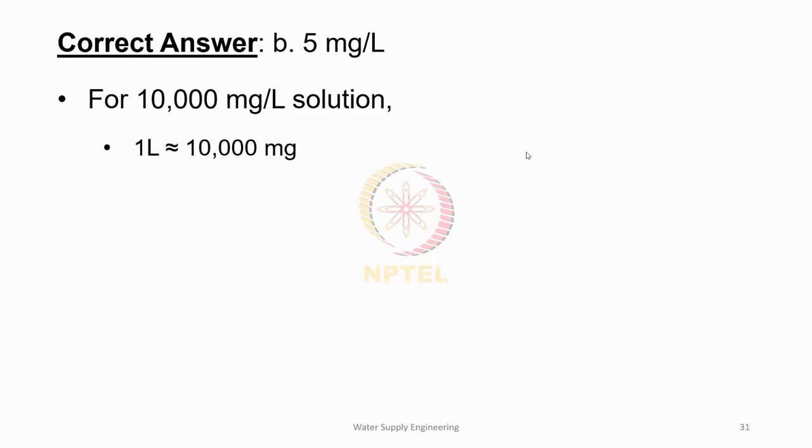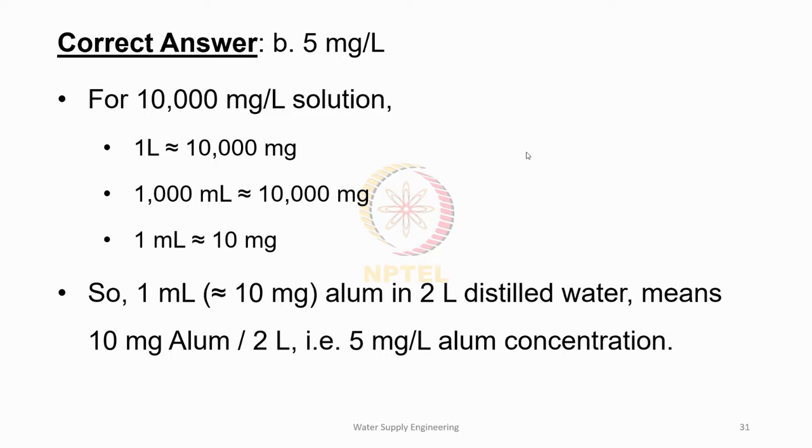That is 10,000 milligram per liter solution. That means if we convert this liters into milliliters, it will be 1000 ml and 10,000 milligram. Right. So in 1 ml, it will be 10 milligrams because we are adding 1 ml of the solution.